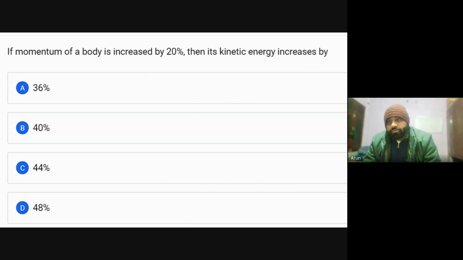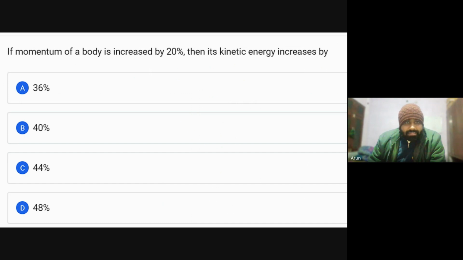So these types of questions are very random and very frequently asked. Sometimes they will change the question like this: if kinetic energy of a body is decreased by some percentage, then its momentum will decrease or increase by. So these terms can be replaceable, but the concept is the same. So let's try to understand what the concept is.